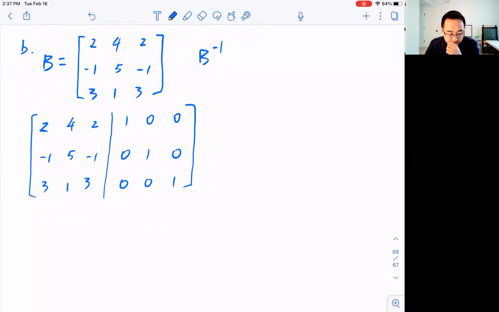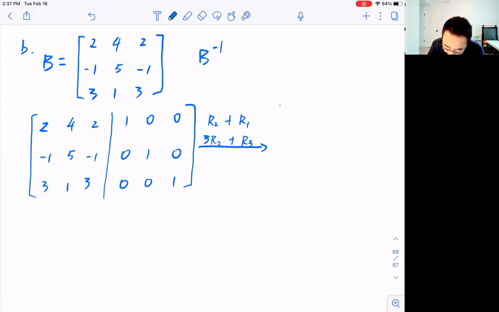Now, to do this, I need to make all these off-diagonal numbers zeros, and then make the main diagonal from 2, 5, 3 into 1, 1, 1. So first, I want to do two row operations. I want to add R2 to R1, which will make this 2 into a 1. Then I'll do 3 times R2 plus R3, which will turn this 3 into a 0.